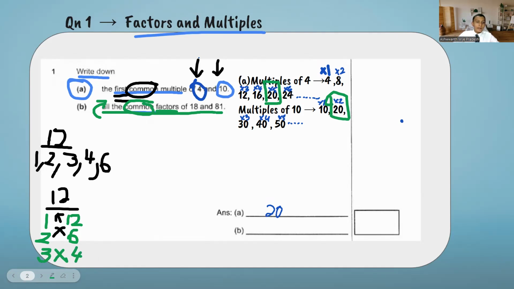So we know that 1, 2, 3, 4, 6, 12 is our answer. It is the same thing you would get if you listed it out, but I prefer to do it like this. So let's do it for 18 and 81, shall we?